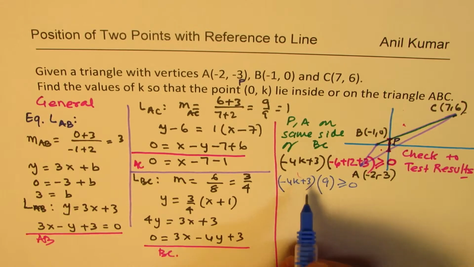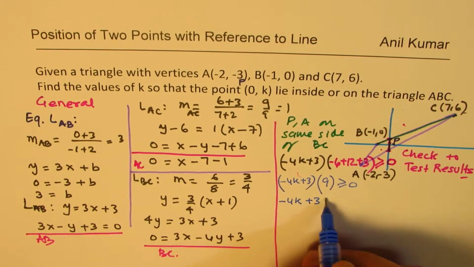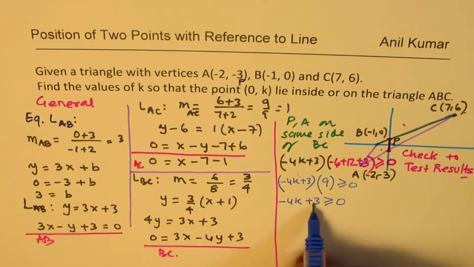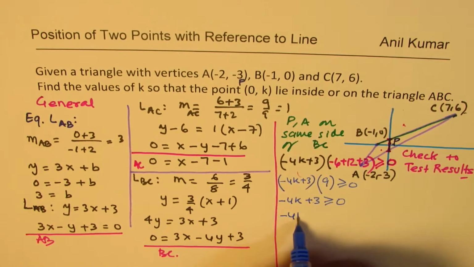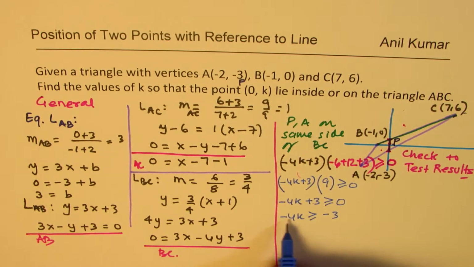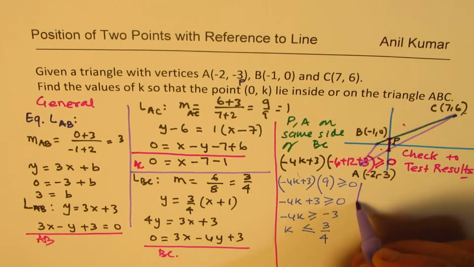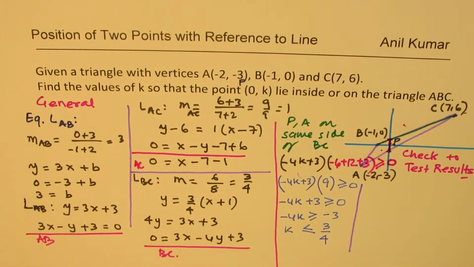And here, we get minus 4k plus 3 to be greater than or equal to 0. Taking 3 on this side, minus 4k should be greater than or equal to minus 3. Dividing by minus 4 gives k. When you divide by a negative, the sign changes. So k should be less than or equal to 3 over 4, correct? So you get one condition here. Is that clear to you?